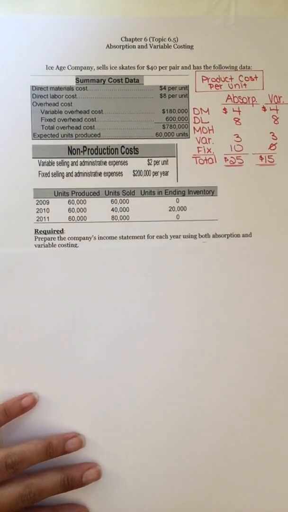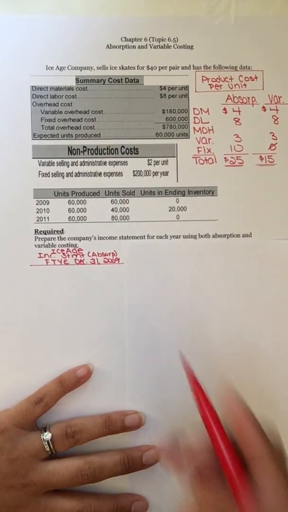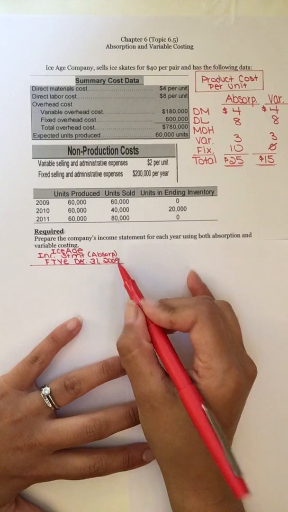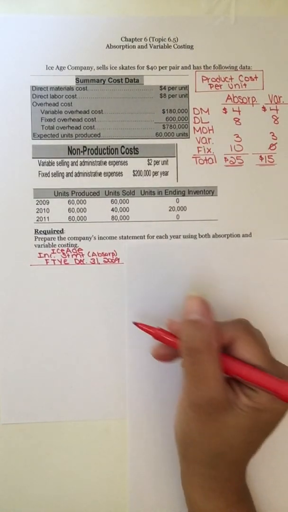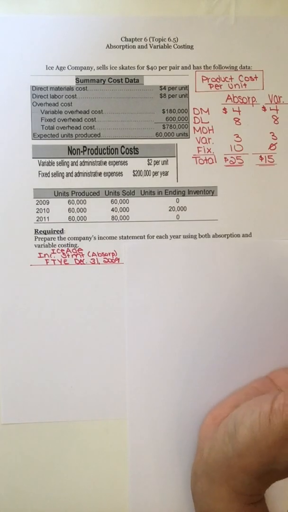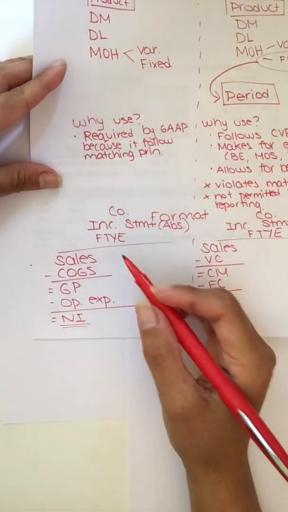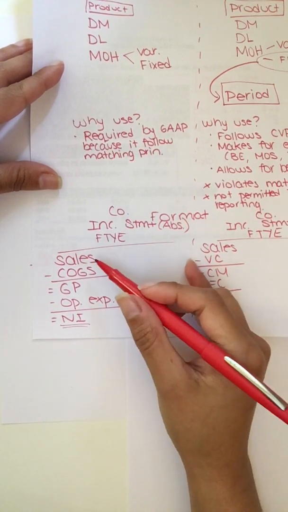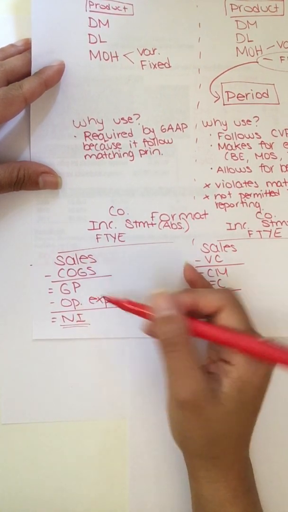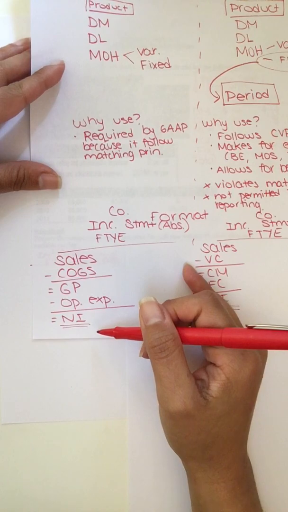So moving on, first we will do the income statement under the absorption method. If you remember from our last video, the absorption income statement follows the traditional income statement format: sales, cost of goods sold, gross profit, operating expenses, and net income.